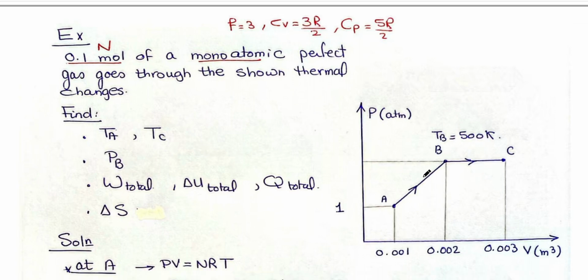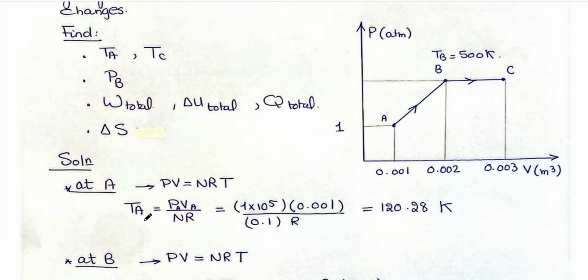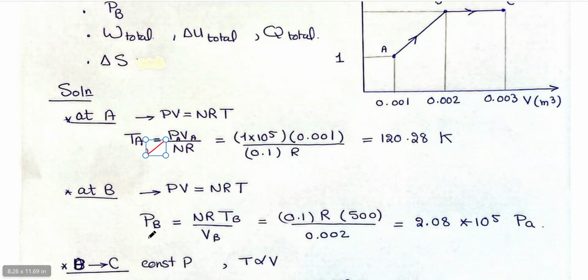I want to find the temperature at point A and the temperature at point C, the pressure at B, the work, change in internal energy, Q, and the total change in entropy. At point A, we have the pressure and the volume, so the state equation will give me directly the temperature. At point B, we have the volume and the temperature, so get the third parameter, the pressure.